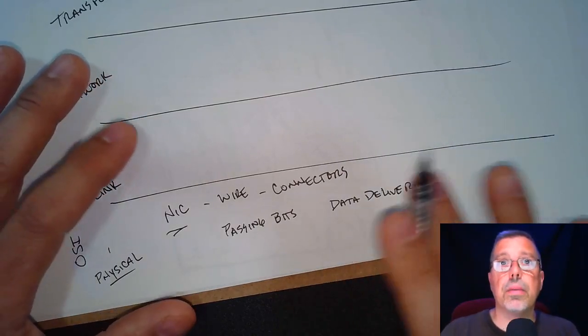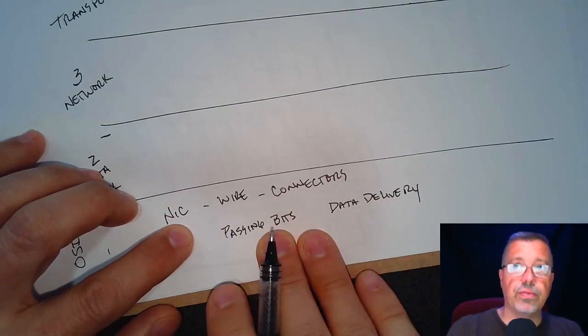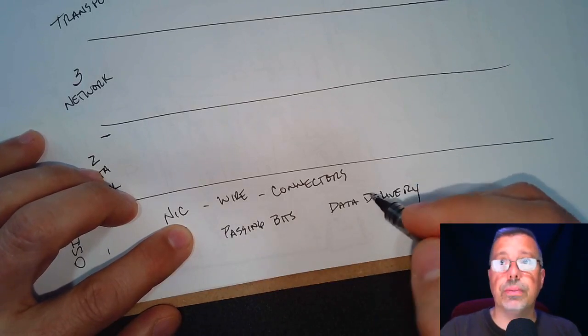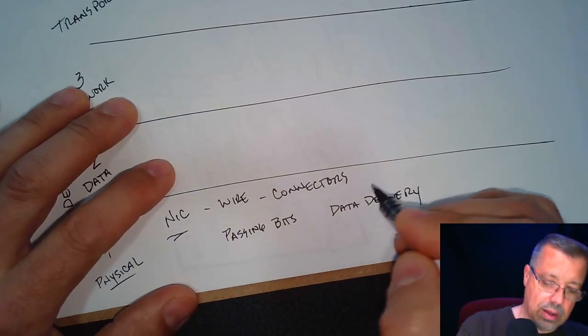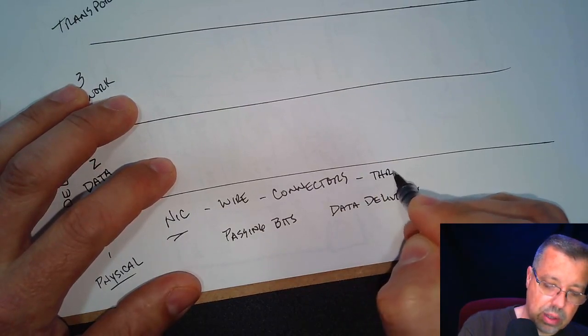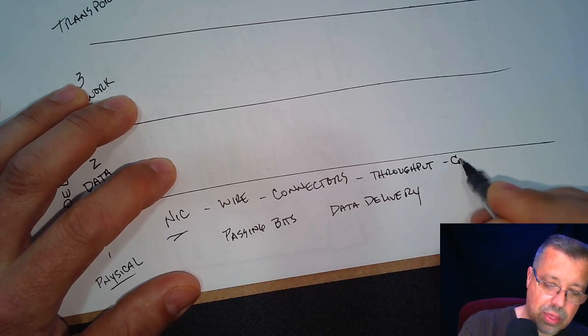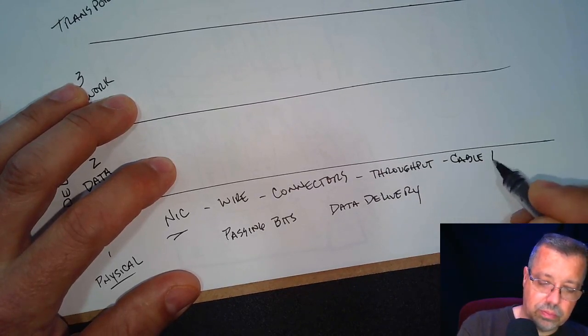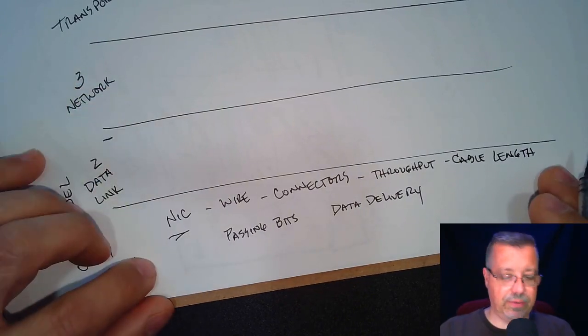Basically everything about that delivery from point A to point B, and the IEEE specifications for wires and connectors, throughput, and cable length. All of that is going to fit here.